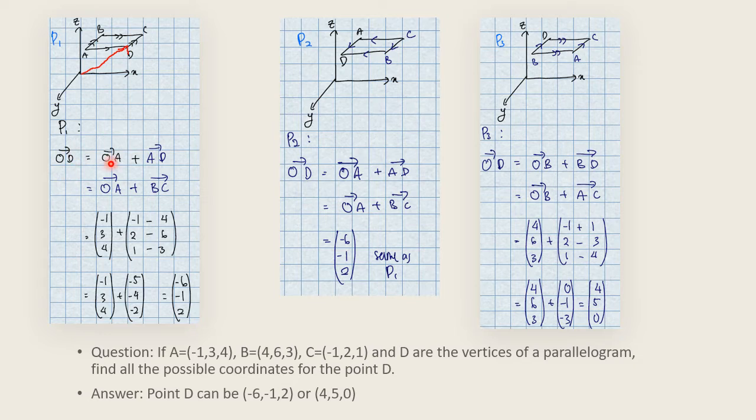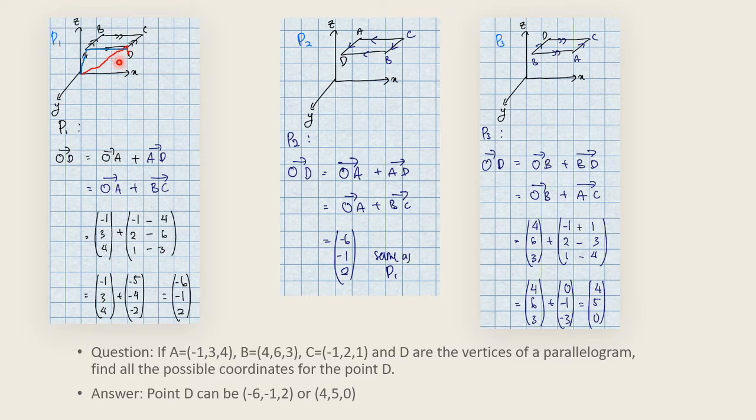So that's OD. And to find it, because we don't have D, but we have A, we can use the position vector of A. I'm going to use a blue line. And then from A, we can go to D, and it's the same thing as the red line. So the vector that we find will equal vector OA plus vector AD. But we don't have AD.